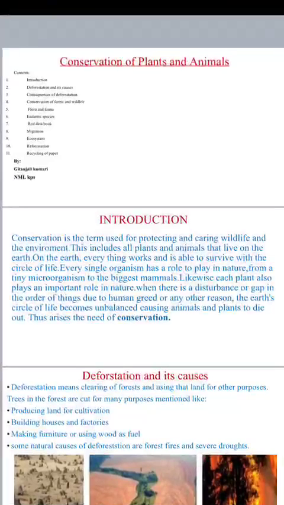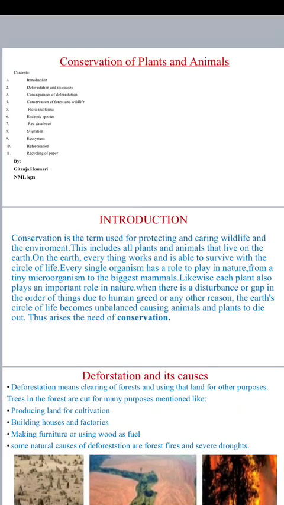Conservation is the term which is used for protecting and caring wildlife and the environment. This includes all plants and animals that live on earth. On the earth, everything works and is able to survive with the circle of life. Every single organism has a role to play in nature, from a teeny microorganism to the biggest mammal.